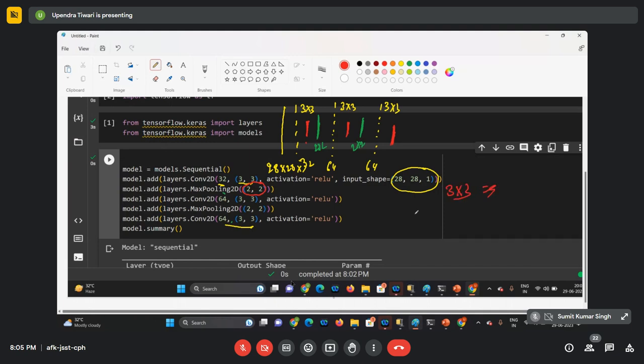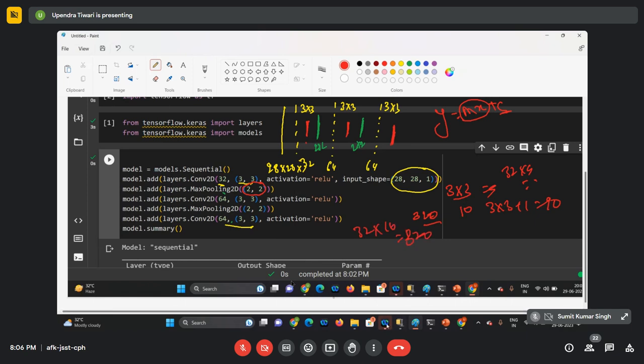Why is it 320? If you multiply 32 by 9, it will not be equal to 320. But it is y equals mx plus c, so you have taken the c part, the bias. So one weight is updated for the bias, and it has now become 10. So 3 by 3 plus 1 is 10, and you multiply 32 by 10, it becomes 320.